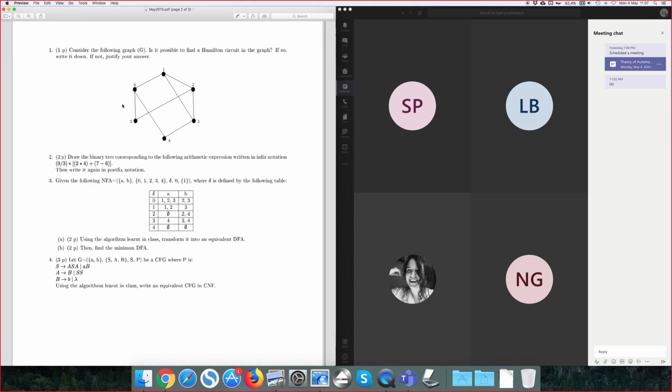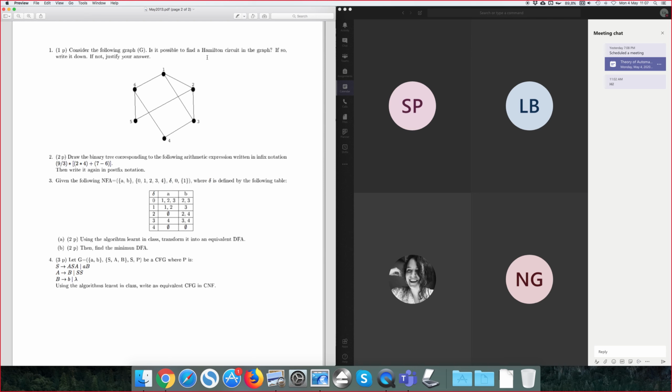So I'm going to start with exercise 1, which asks us about finding a Hamiltonian circuit in the graph. Okay? So let me copy the graph on my whiteboard. Please take a look at the graph while I copy all the vertices and edges.